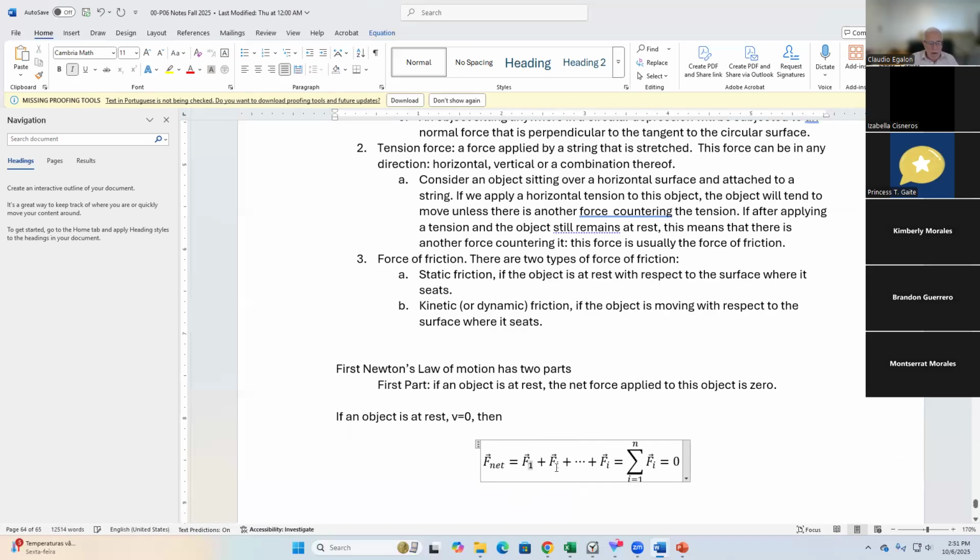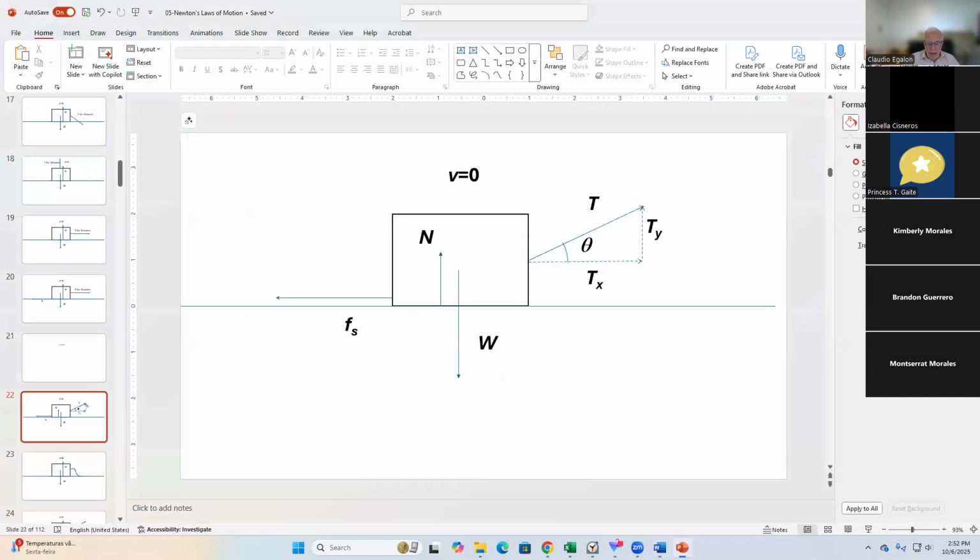The vectorial summation of all those forces is going to be equal to zero.